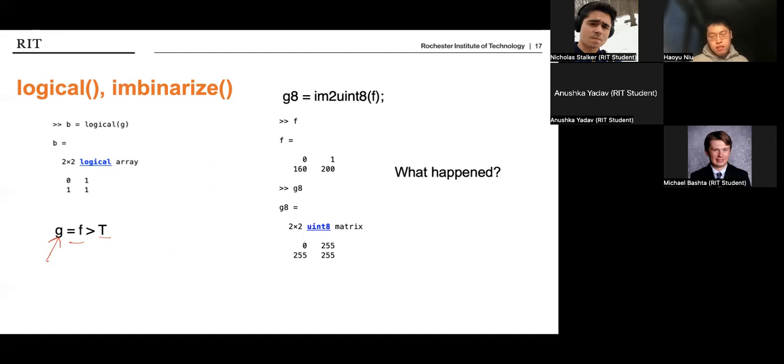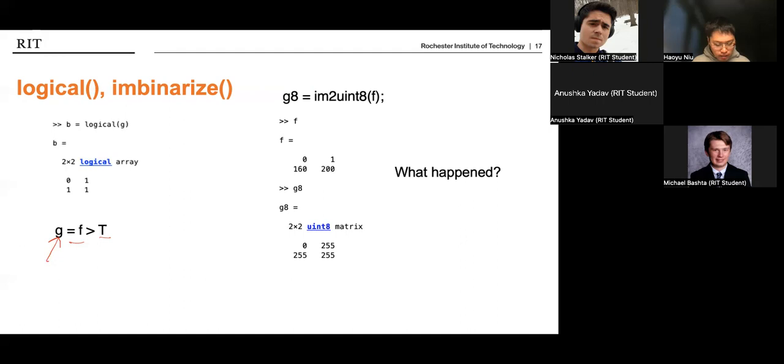It will produce a logical array containing ones wherever the elements of f are greater than t, and zeros for the values in f that are not greater than the threshold.